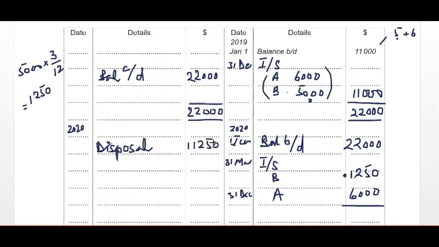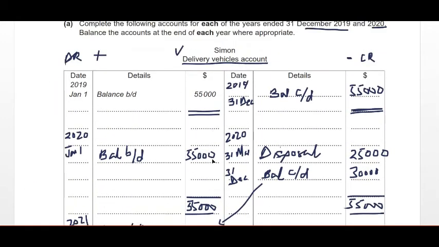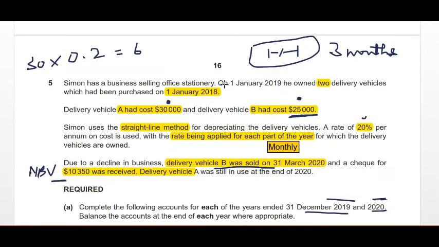which is 11,250. Why are we taking 2 years and 3 months of depreciation? Simply because these vehicles were purchased on 1st January 2018. From 1st January 2018 till 31st December 2018, that is 1 year. Then 1st January 2019 to 31st December 2019, that's 2 years, and then you had this till March 2020, so that is 2 years and 3 months.